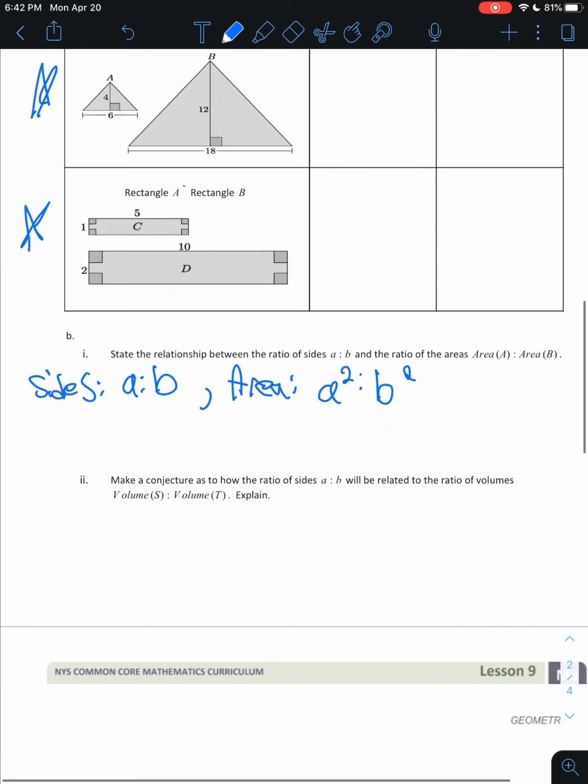And now we're going to see what it's like for 3D shapes. So remember, area of 2D shapes is in 2 dimensions, right? That's why, just like up here, it's squared, because it's 2 dimensions. But volume is in 3 dimensions, right?